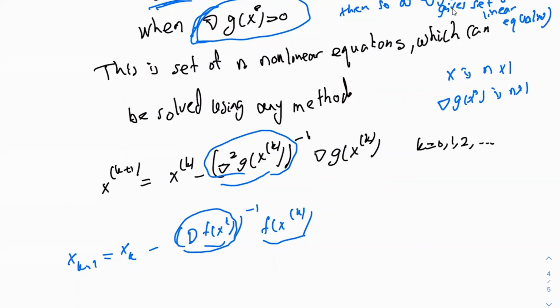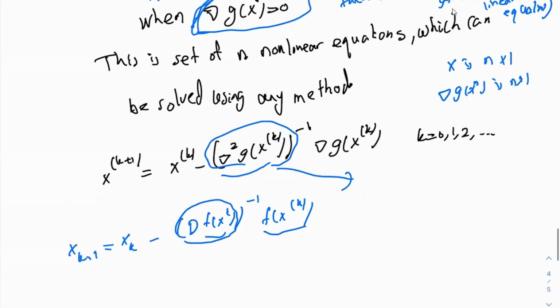So for this Newton method for a convex function, we assume that the Hessian is positive definite.